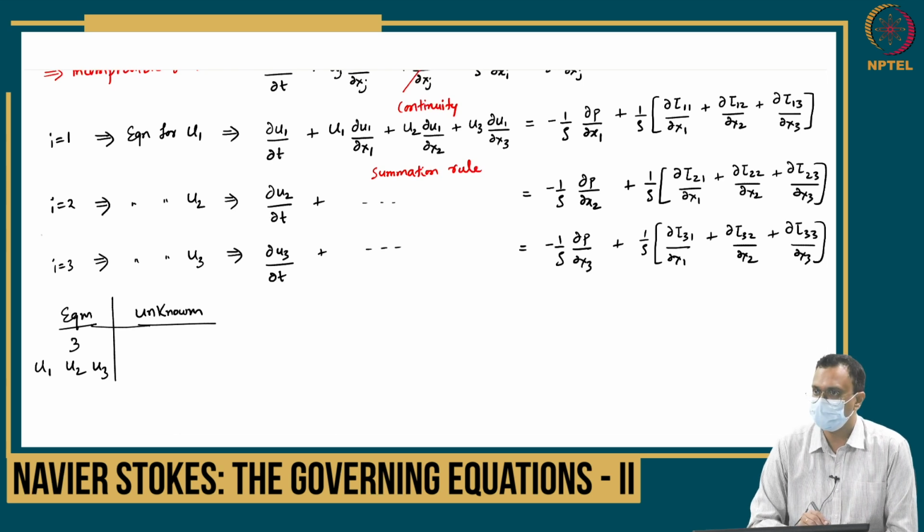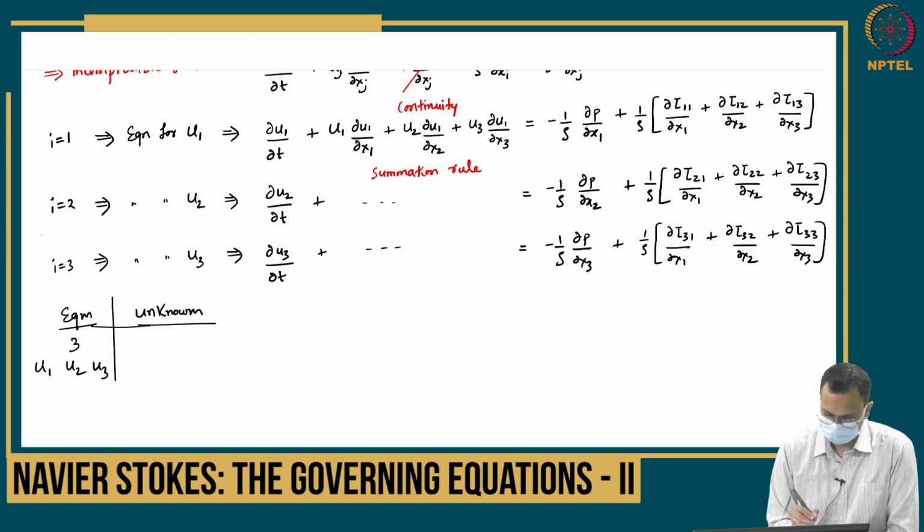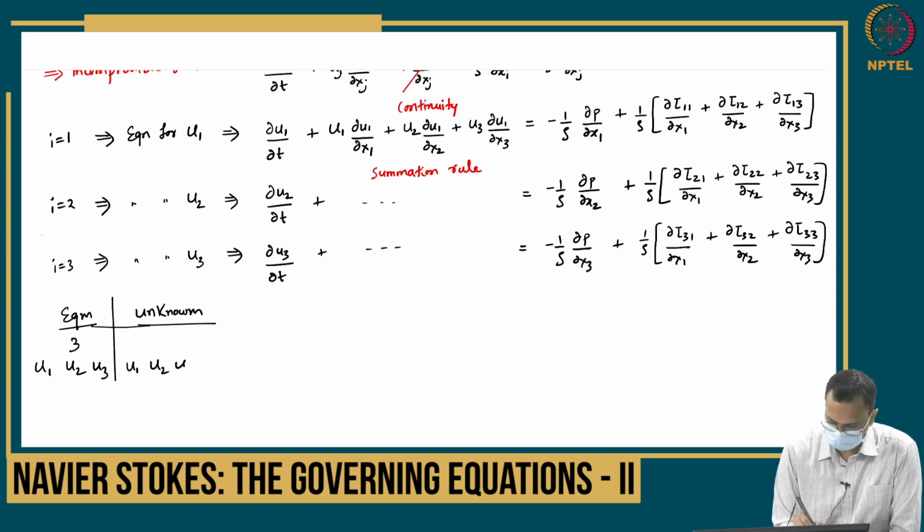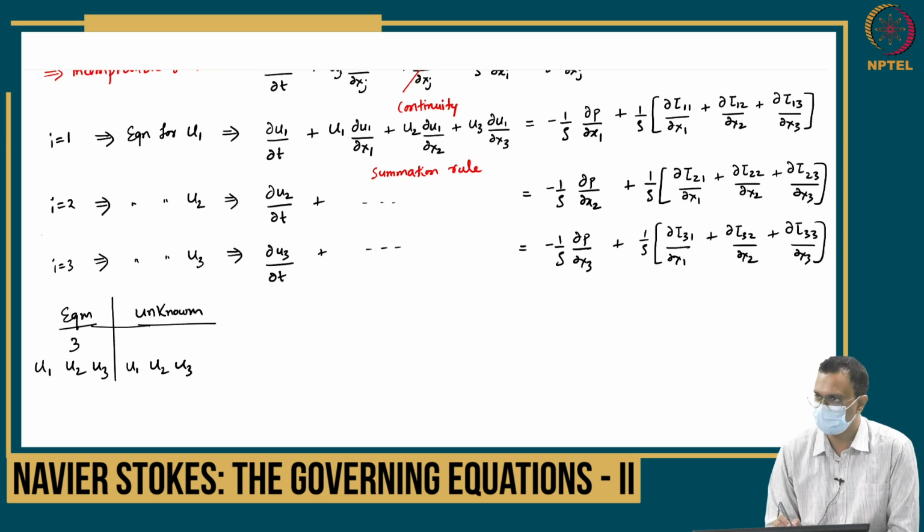So this will also help me solve the continuity equation, which requires u1, u2, u3. This is taken care of. But what are the unknowns in the three momentum equations here? We had unknowns u1, u2, u3 that I need to solve, which is fine.